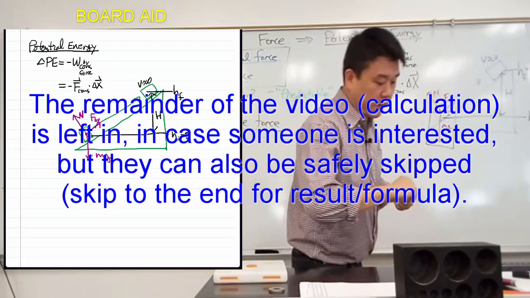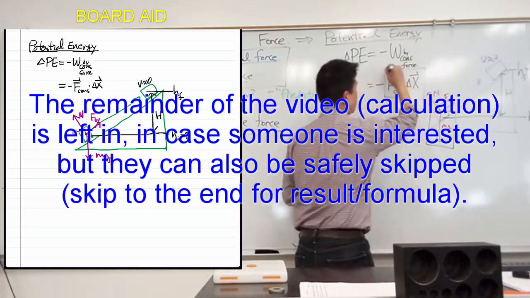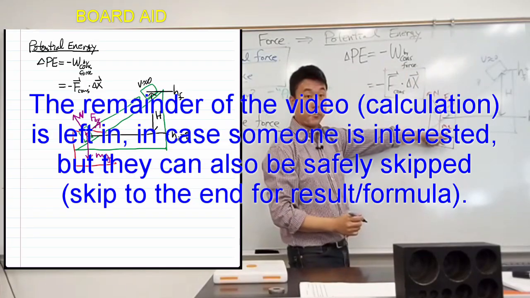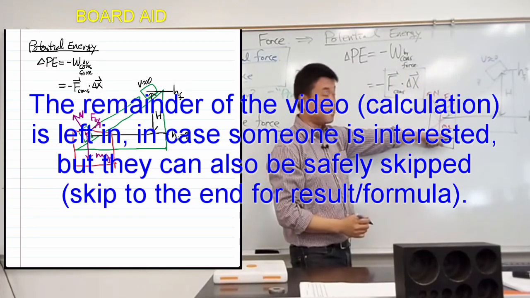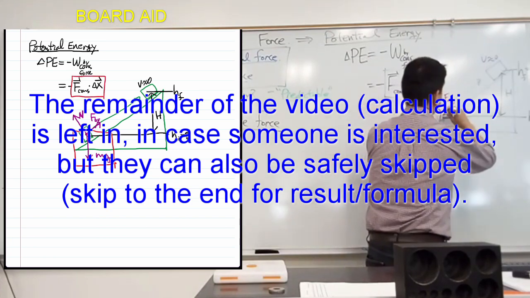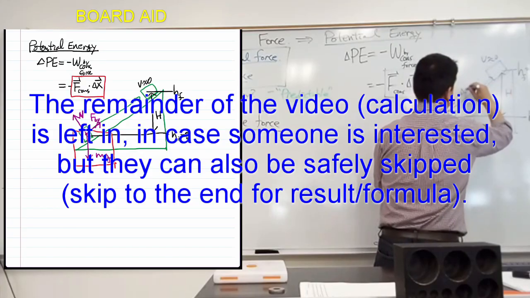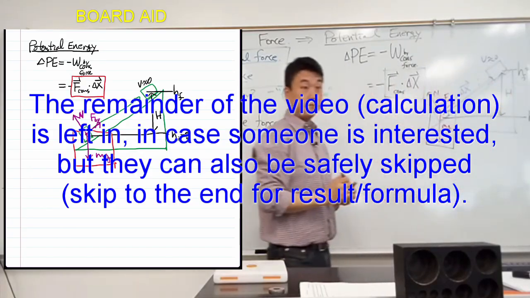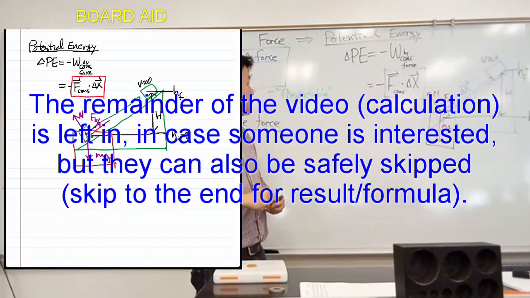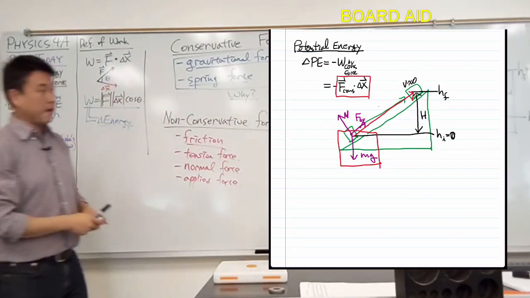We want to calculate this expression here, the dot product between the conservative force, gravity, and the displacement. The displacement vector here would look like this. This would be my displacement vector.